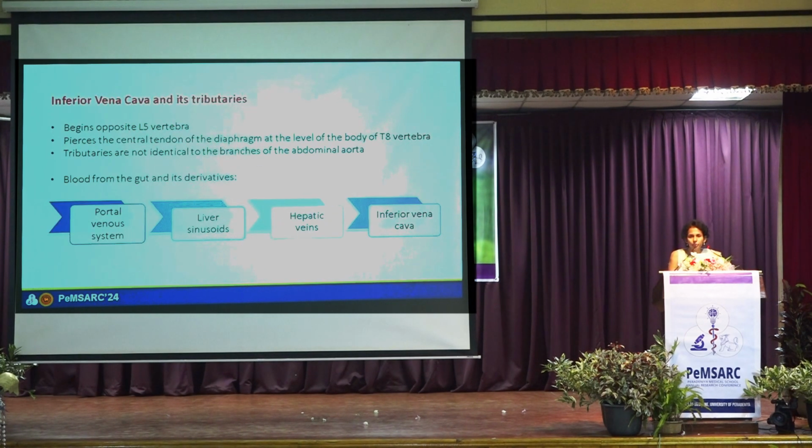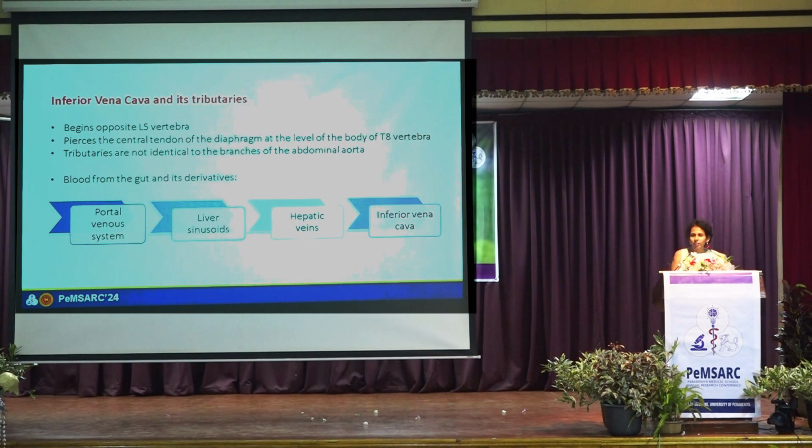Let's go to the inferior vena cava. So it begins opposite the L5 vertebra and pierces the central tendon of the diaphragm at the level of the body of T8 vertebra. So usually what we learn, veins follow the course of arteries, and usually we remember if an artery has a branch, the corresponding vein also has the same name carrying a tributary.